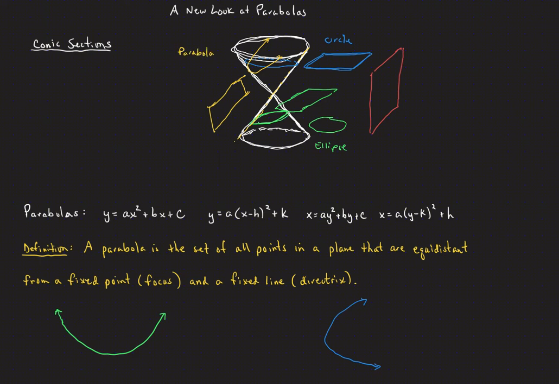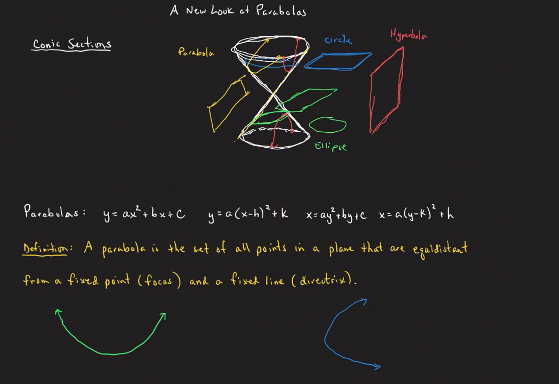And then finally, if we take a plane that is parallel to the side wall and run it over to where it intersects the cone, it's going to intersect both parts, the top part and the bottom part. So we'll get something that looks like two parabolas, but it's not quite a parabola. That's going to be known as a hyperbola.